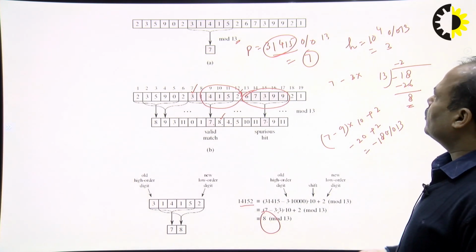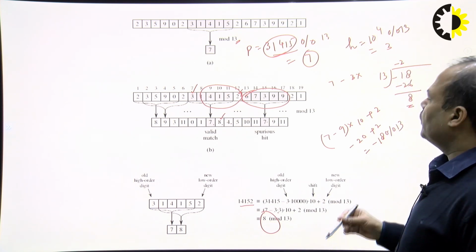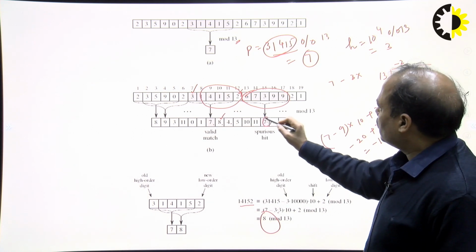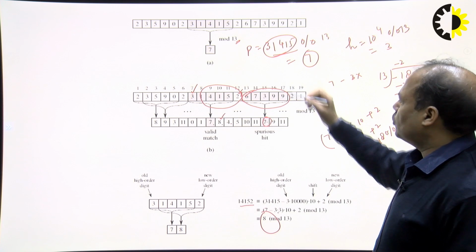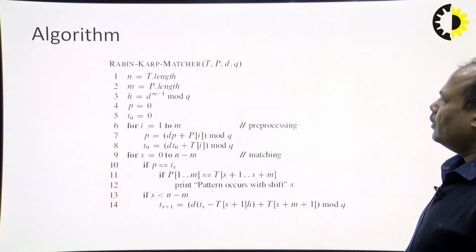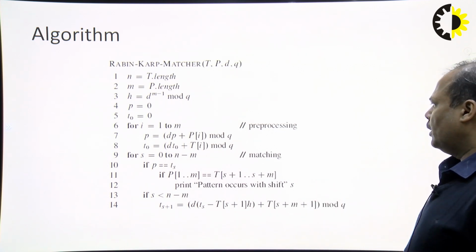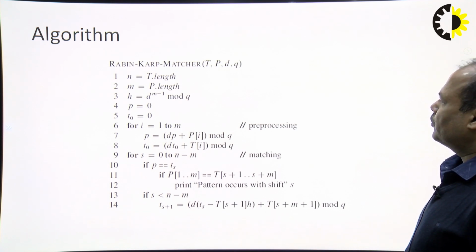So it is very efficient because of this modulo arithmetic. Whenever you get a pattern hash value equal to the previously computed value of the pattern, you need to check one by one. So this is the Rabin-Karp algorithm, the same thing which I explained over here, checking valid shifts for all the matches.